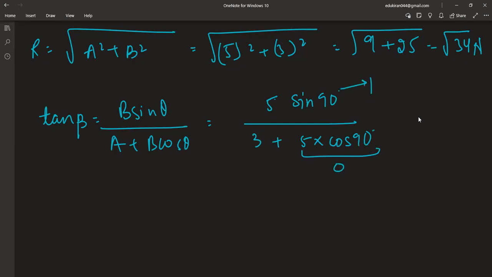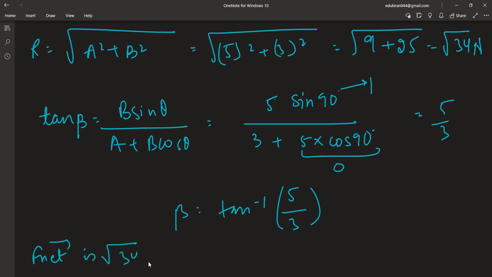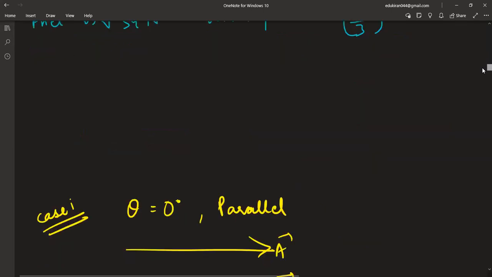We are just left with 5 by 3. So how do we write beta? Beta is equal to tan inverse 5 by 3. So how will you write the final answer? Net force is root 34 Newton with beta is equal to tan inverse 5 by 3. This is how we solve vectors whenever you have vectors.